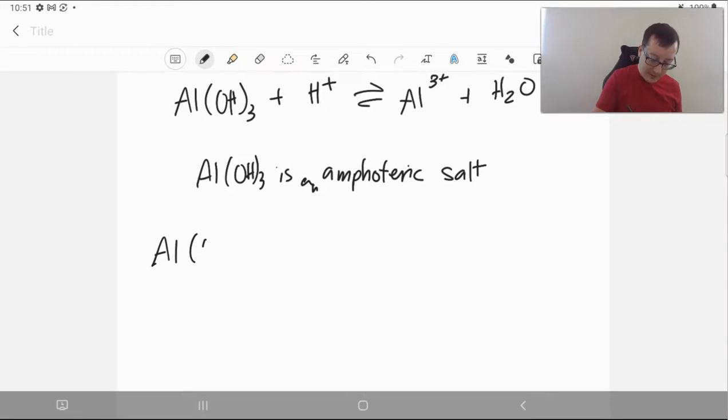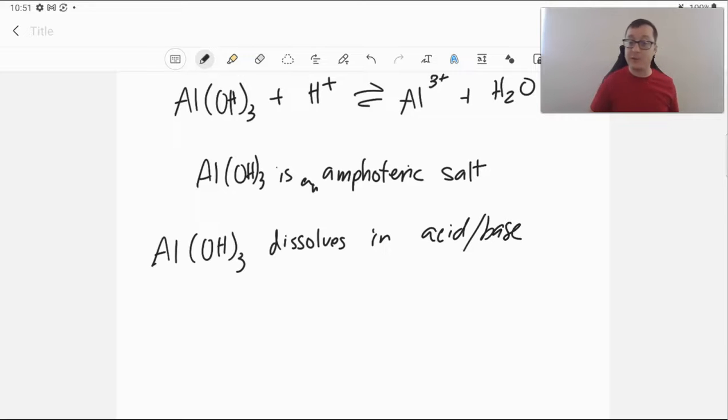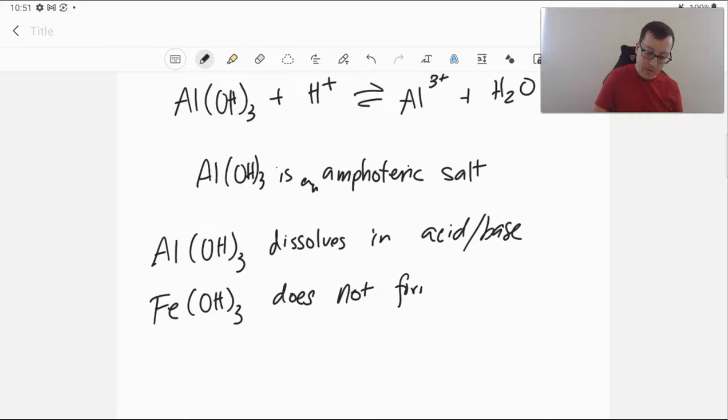For example, Al(OH)3 dissolves in acid and base because it forms that complex ion. And it could also dissolve in acid because it's a hydroxide. Iron(III) hydroxide, however, does not form a complex ion with hydroxide.